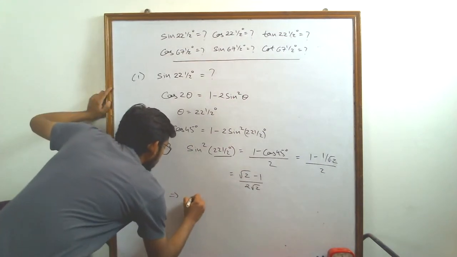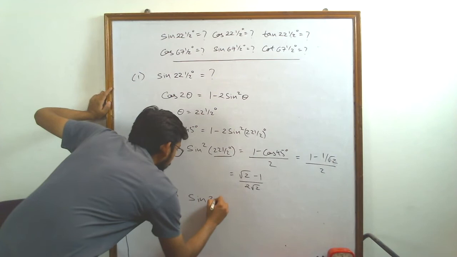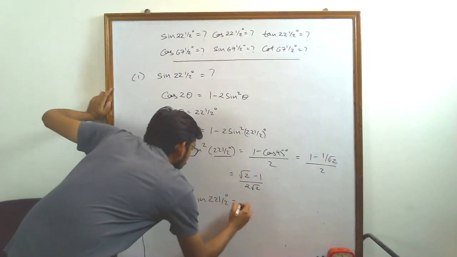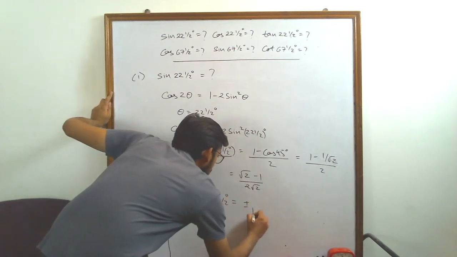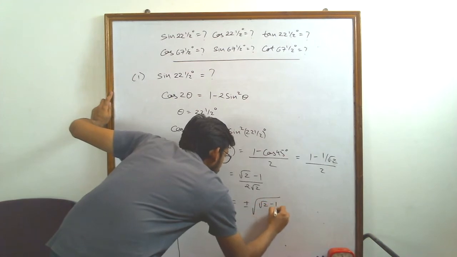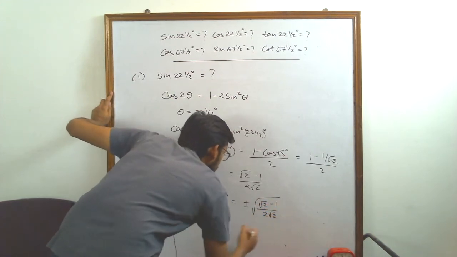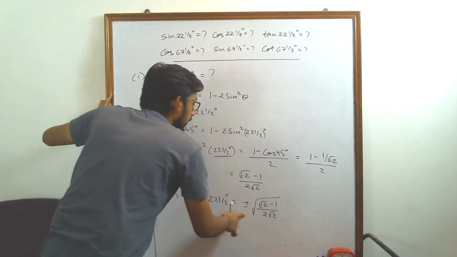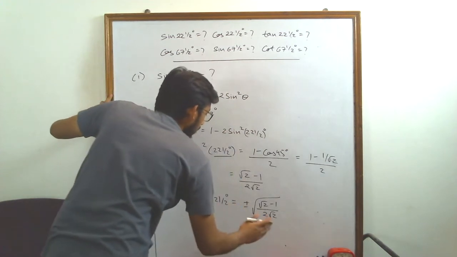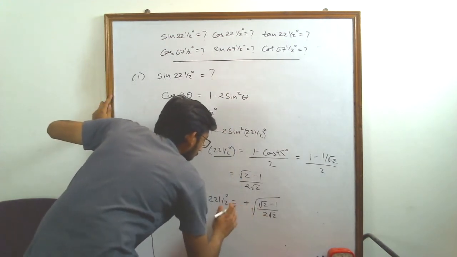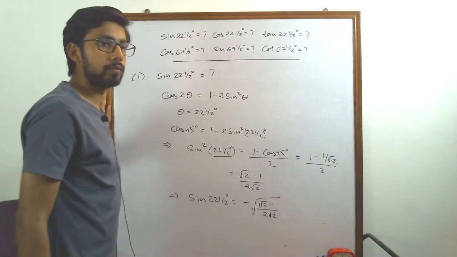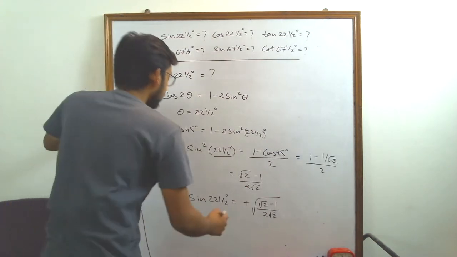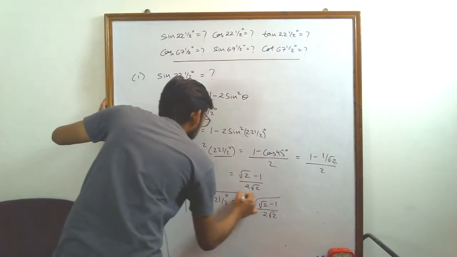That means on taking square root, I should have got plus minus root of root 2 minus 1 upon 2 root 2. That means there is a positive and a negative value. So I will remove the negative value and only take the positive value as the value of sine 22.5 degrees.